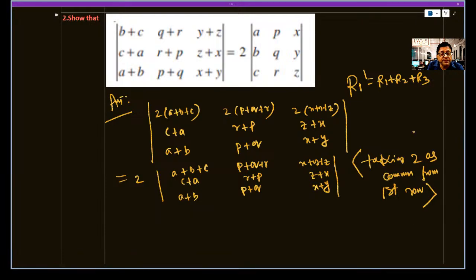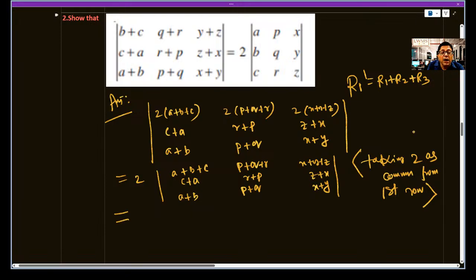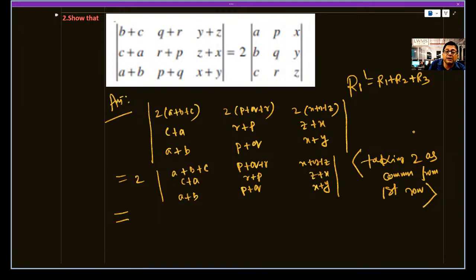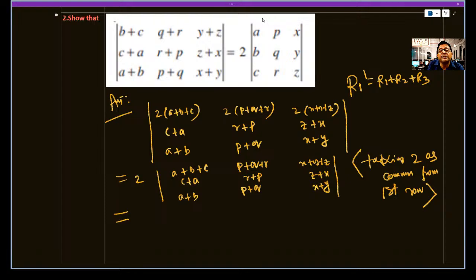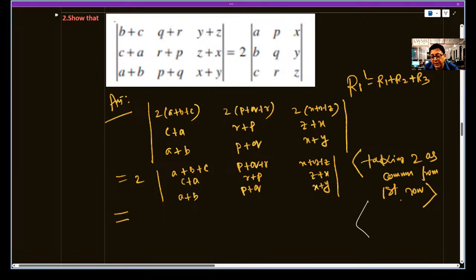Now what will I do there? I will be subtracting this one from this and this. Writing the operation here: R2 dash is R2 minus R1. This you can do a repeated number of times for the sake of the sum.